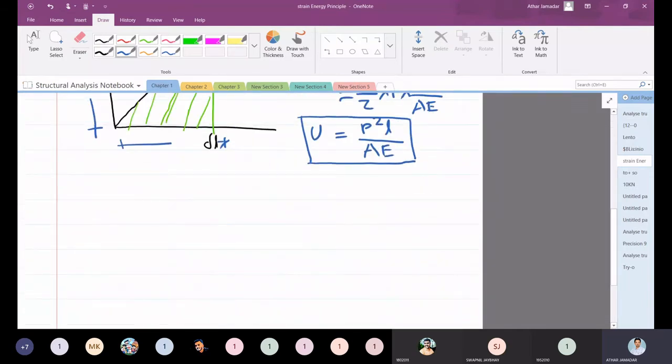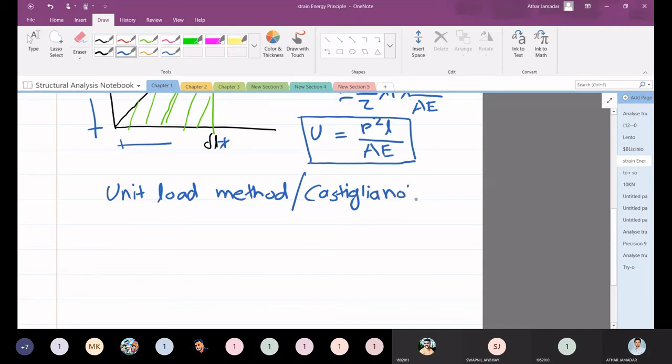Next is the unit load method, or the use of this strain energy, which is also known as Castigliano's theorem. There was a scientist named Castigliano, and he proposed that theorem.